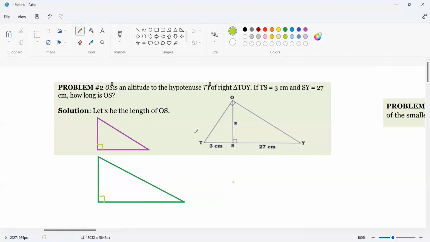This is the smaller one, so which part does X go? Is it here, here, or here? X this time will be here, on the longer leg. This is the shorter one. And the 3 centimeter is not the hypotenuse. Smaller. And the 27 is obviously here.